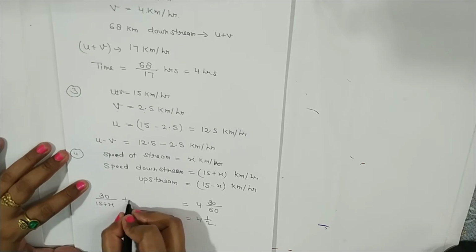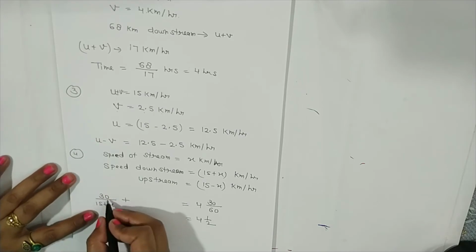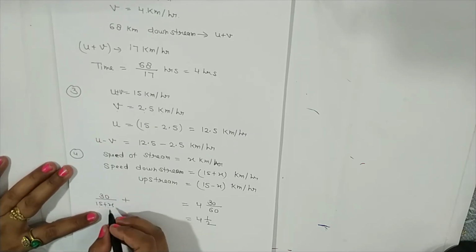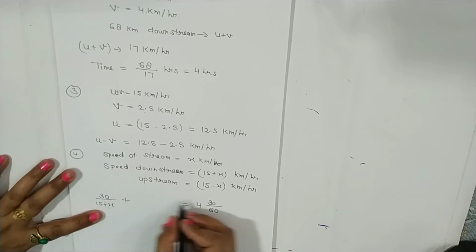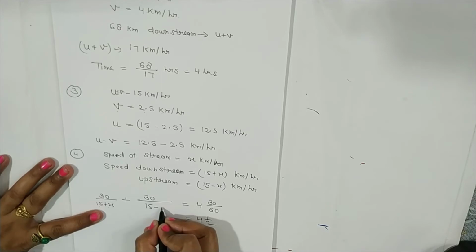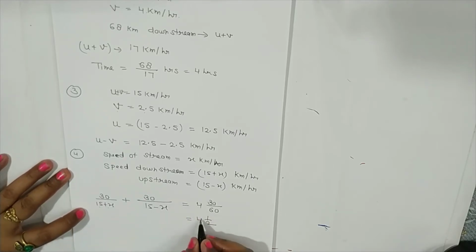Then we have to add both these times. So 30 upon 15 plus x hours, then the same distance, 30 upon 15 minus x is equal to 4 1/2, that is 9 by 2.